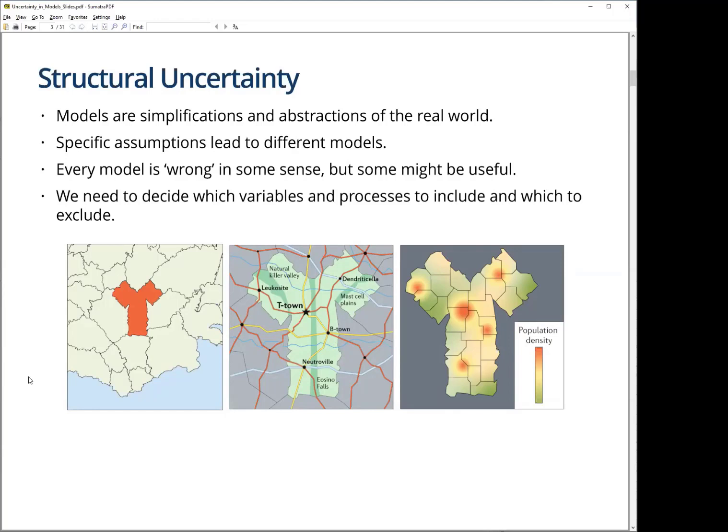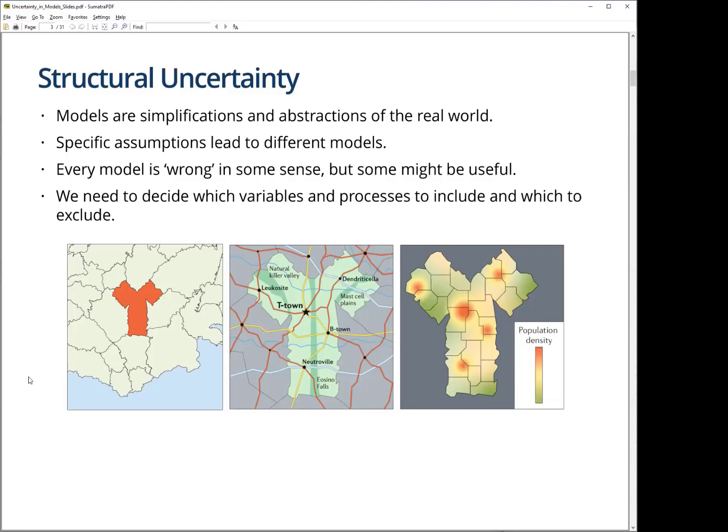I like thinking of it in terms of maps, and this is a figure that Nature drew for us in our paper. This is a made-up country, of course, that they called Antipodia. The point here is that depending on what question you have, even though it's the same country, one map might be better than another.